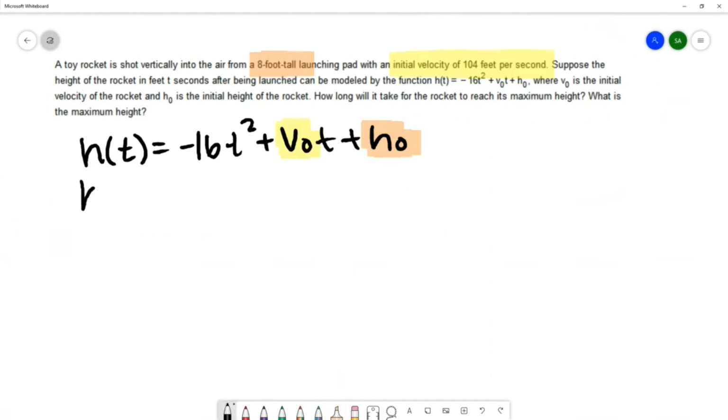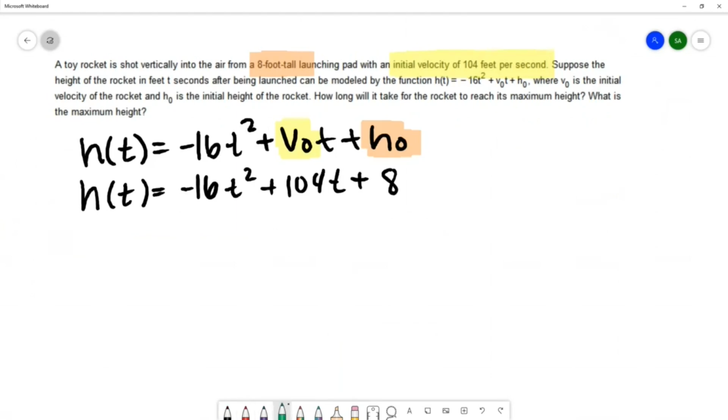So our function is really negative 16t squared plus 104t plus 8. Now the goal of this question is to identify how long it will take to reach its maximum height and what is the maximum height. So what we notice about this particular function is that this function is a quadratic.